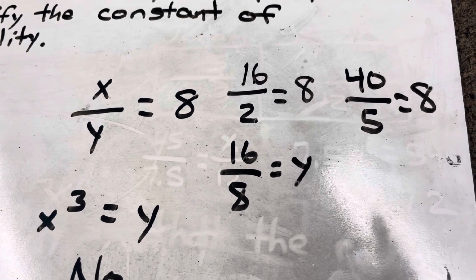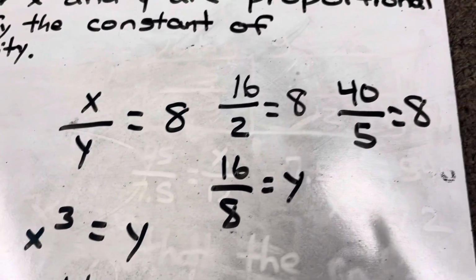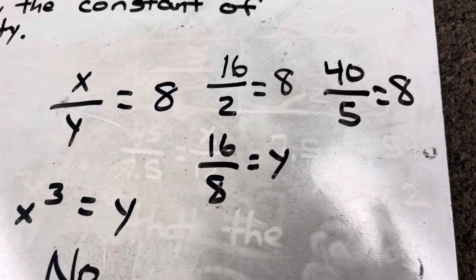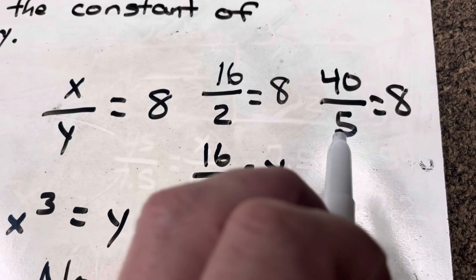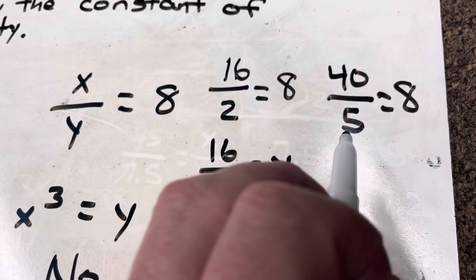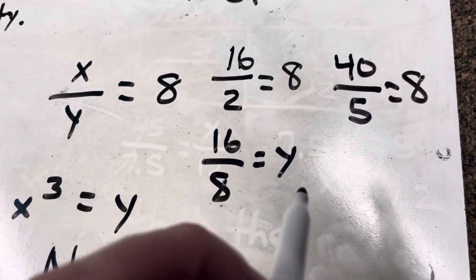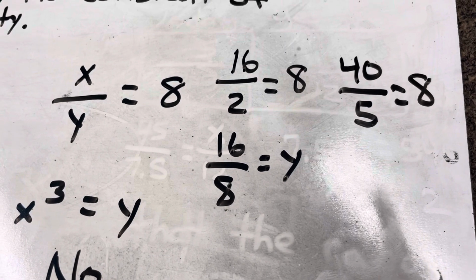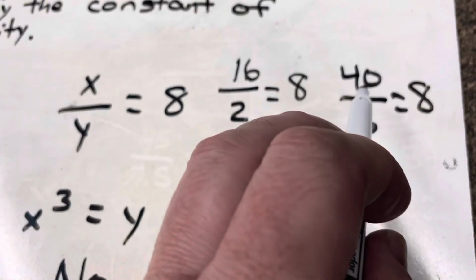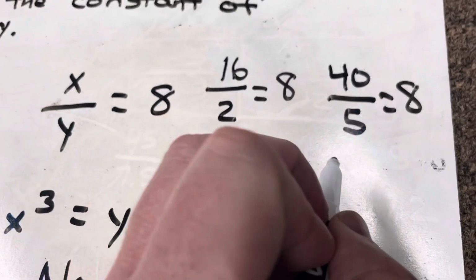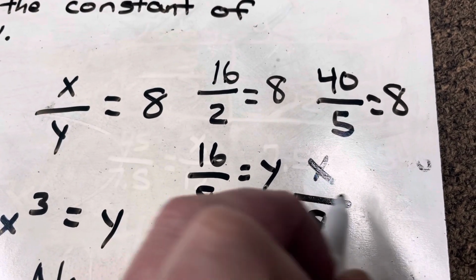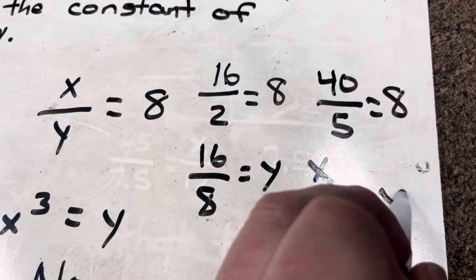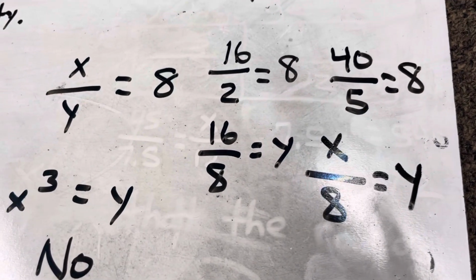And if x is 40, and I divide it by 8, I'm getting 5, which is y.